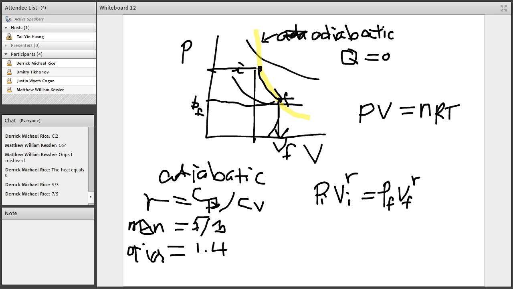So this is one equation, PV equals nRT, that's always true for an ideal gas. This is another equation when you're dealing with an adiabatic process.